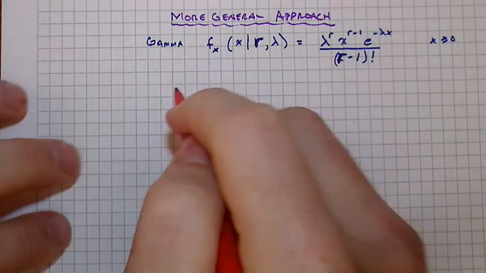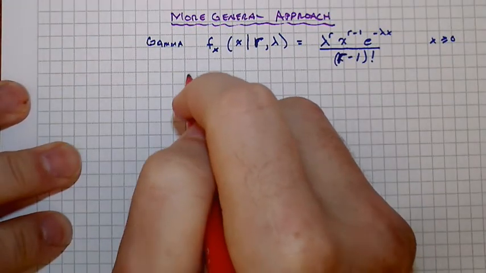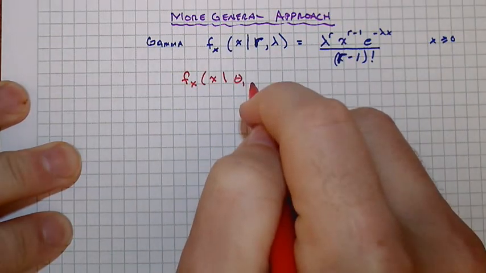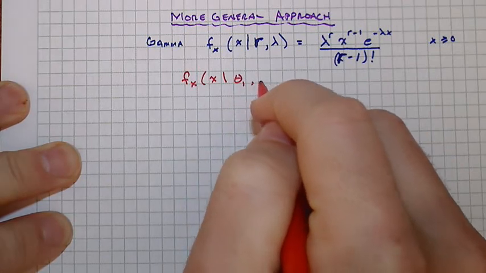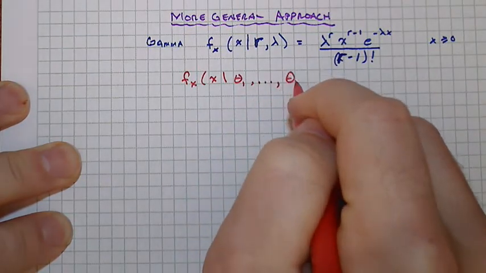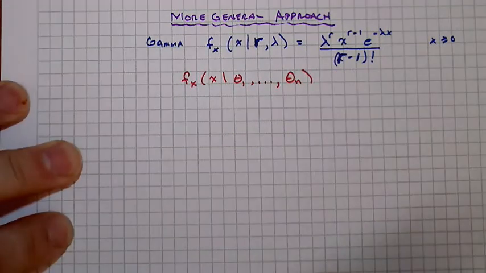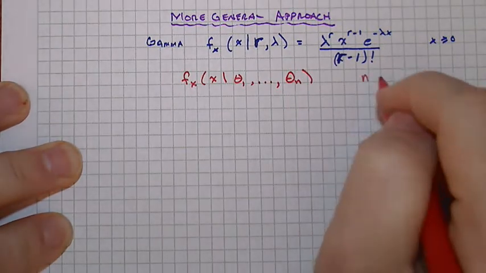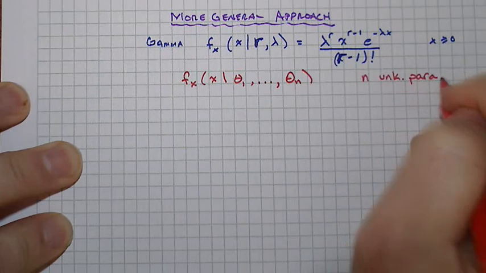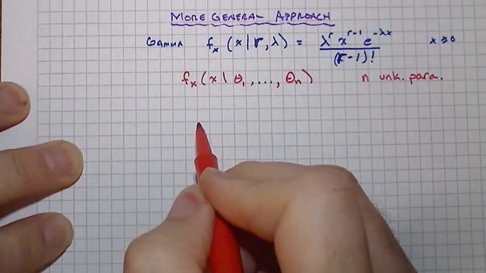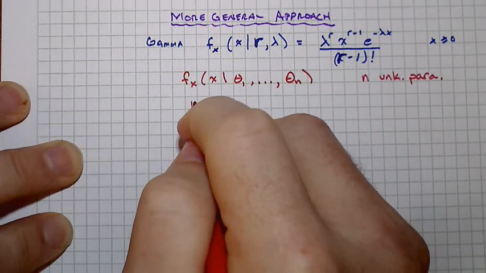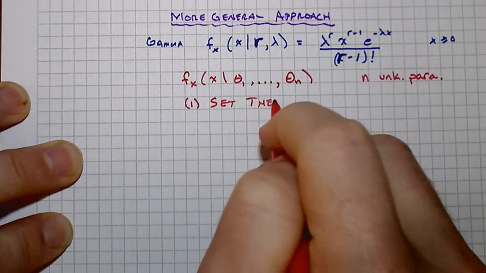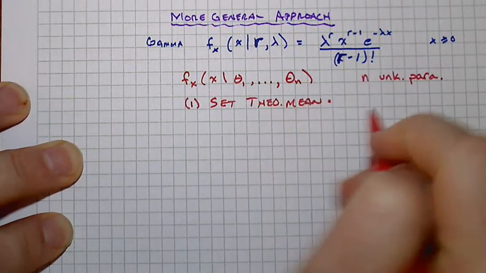Before, we had our distribution conditioned on one parameter. Now it might be a distribution that has n parameters. We've got an illustration here where n is equal to 2. Certainly one of the first things we'll do is set the theoretical mean equal to the sample mean.